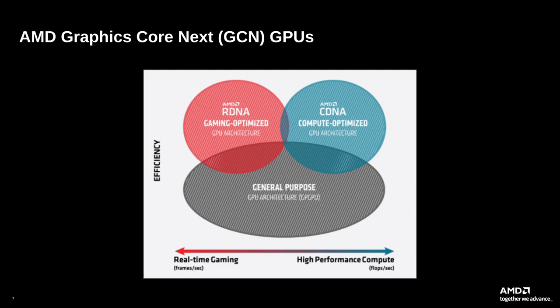Now, AMD GPUs from this period were then divided into two categories. We have what's called RDNA and CDNA. The RDNA GPUs are designed and optimized particularly for gaming purposes to maximize frames per second, and AMD CDNA GPUs are optimized specifically for computing purposes.